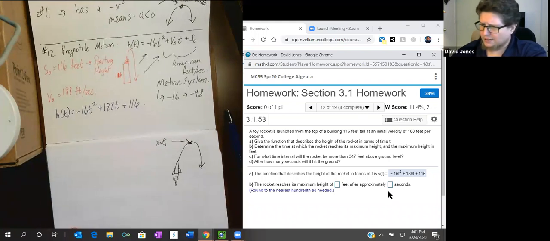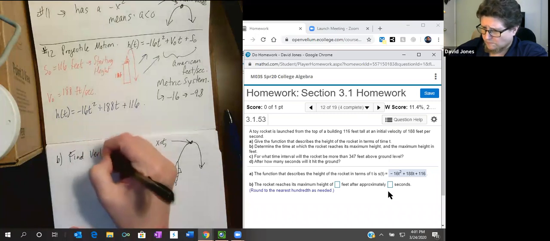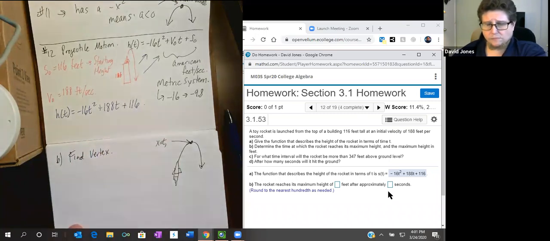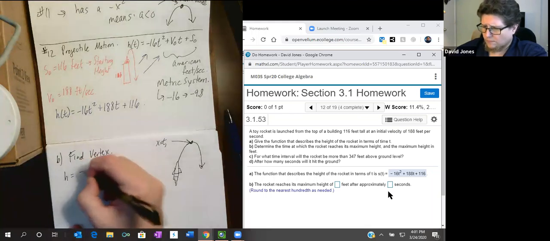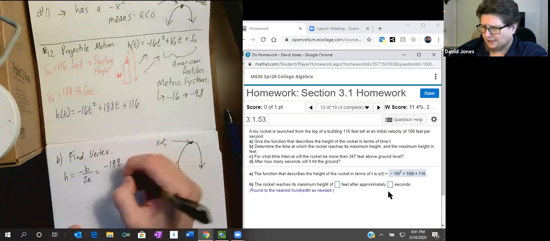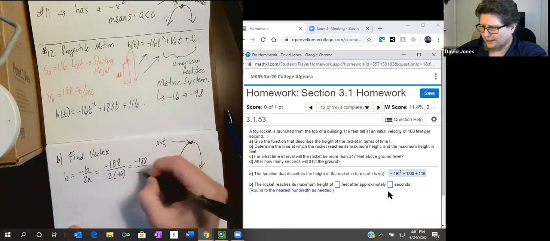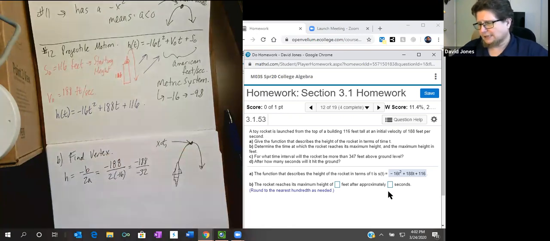So what they're asking us to find, part B, is the vertex. H equals negative b over 2a. I got negative 188 over 2 times negative 16, which is negative 188 over negative 32. I'm betting that's a decimal. It doesn't look like it divides perfectly.